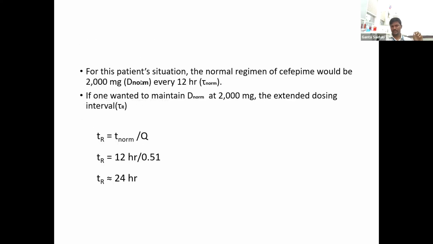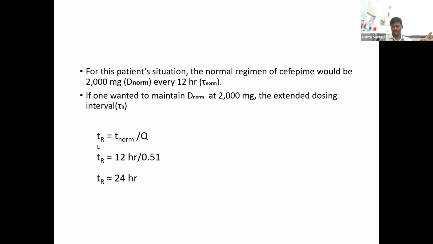For this patient, initially the normal regimen of cefepime is 2 grams every 12 hours. If you want to maintain that normal dose of 2 grams, you use extended dosing interval: you give the same dose, but calculate the dosing interval.